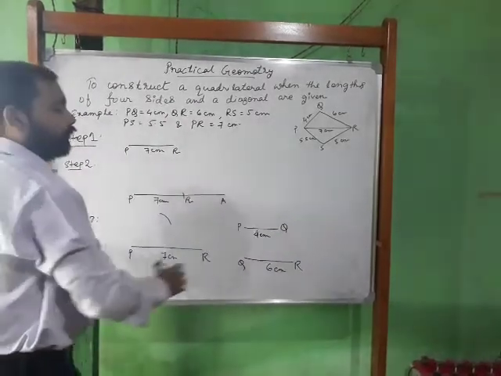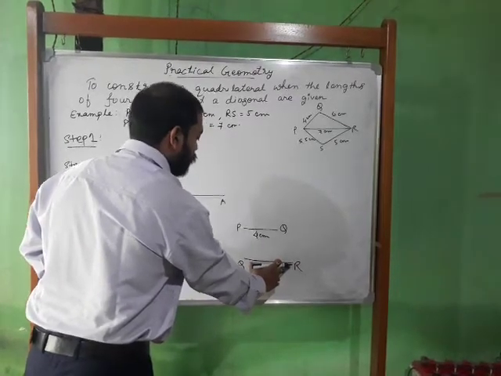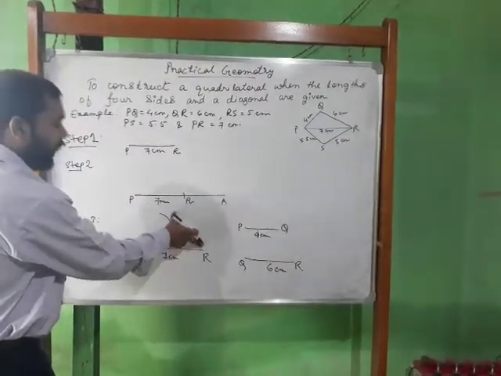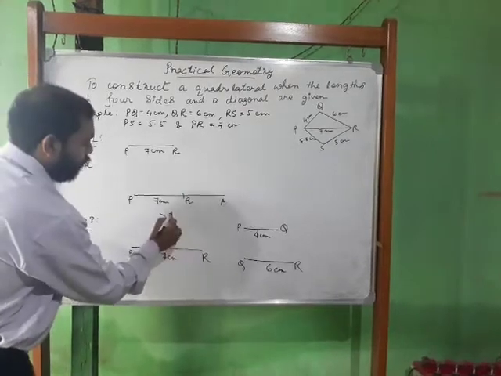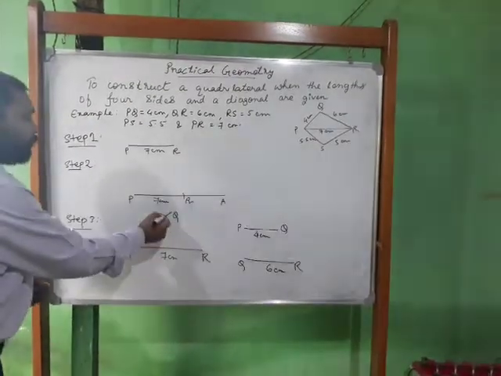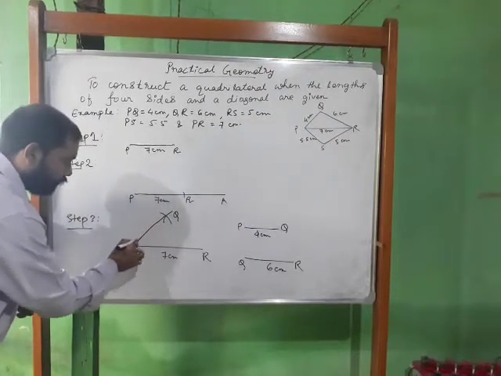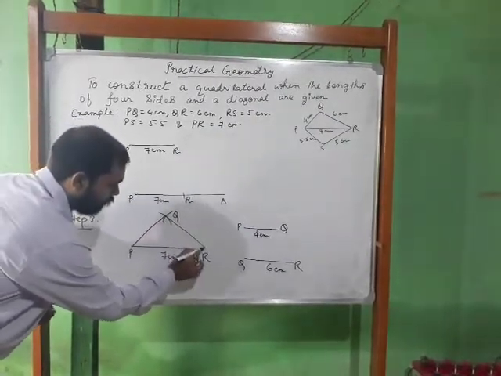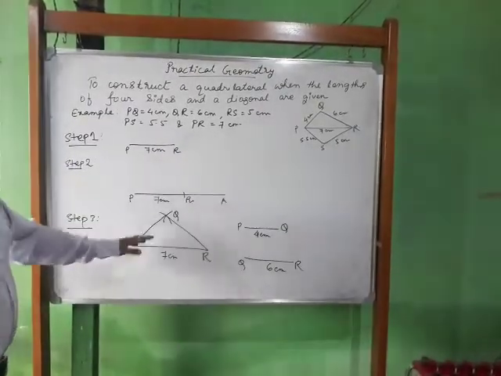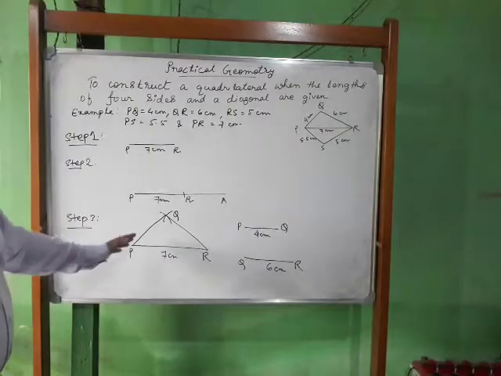So now with the help of your compass, taking QR as 6 cm, you draw an arc from the point R which intersects the previous arc at point Q. So now join PQ and QR. So now you can see that QPR has become a triangle. Okay, so we will proceed to the next steps.